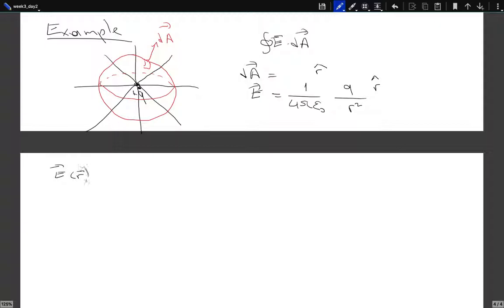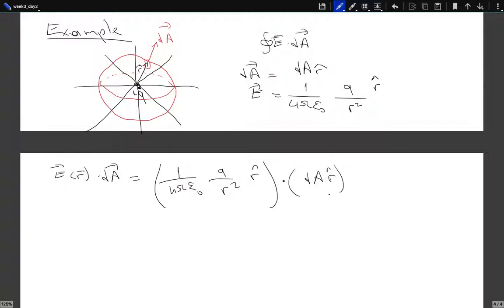Let me also specify at the point r. This is the point r. E dot dA is 1 over 4 pi epsilon 0, q over r squared, r hat, dotted with dA. Well, this dA vector has a magnitude also, it's just the magnitude dA. So this is the electric field. I have to take the scalar product with dA r hat.